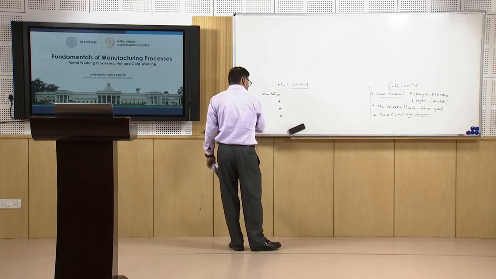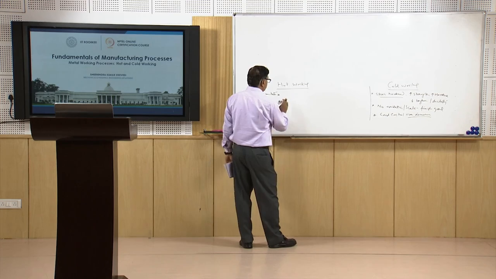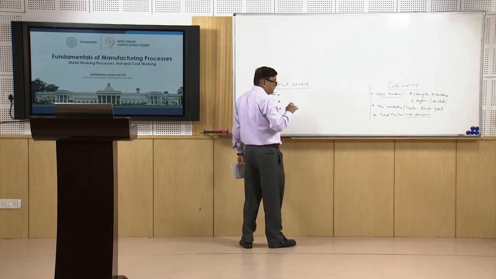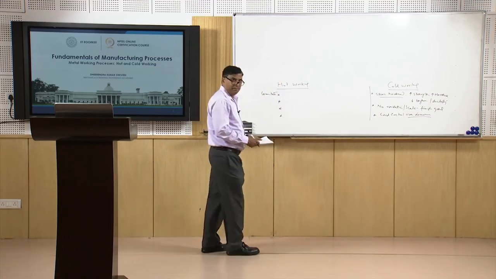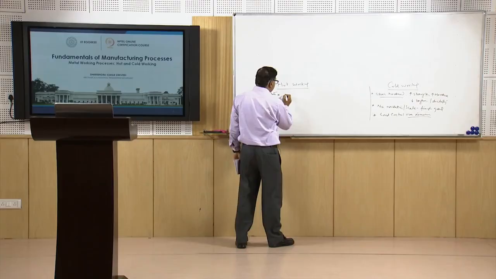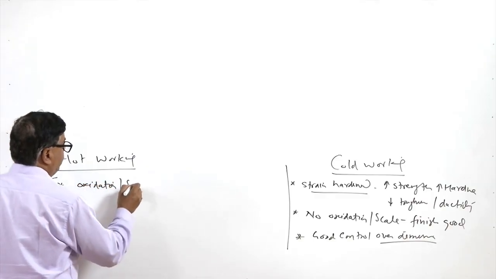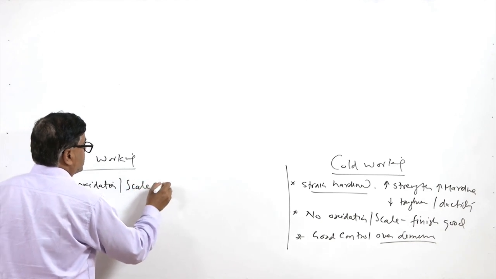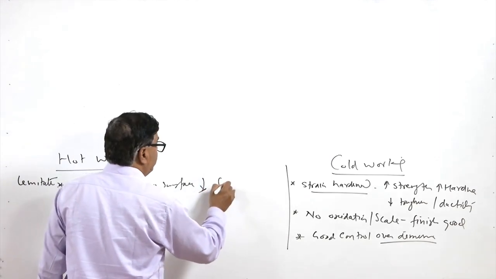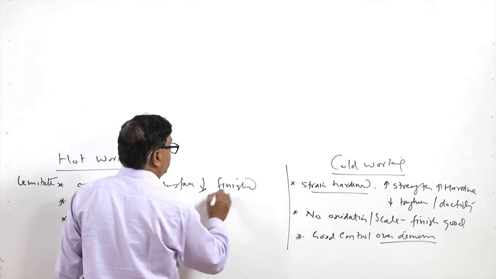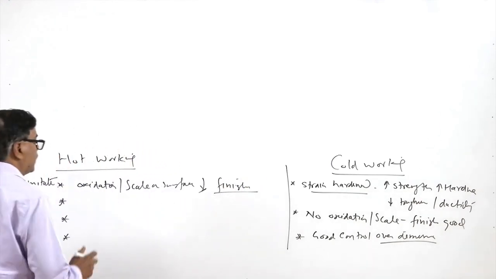We know that in case of the hot working processes, we have to heat the metals to the high temperature above the recrystallization temperature. So, this leads to the oxidation and scale formation on the surface of the metal, which reduces the finish of the hot worked component.